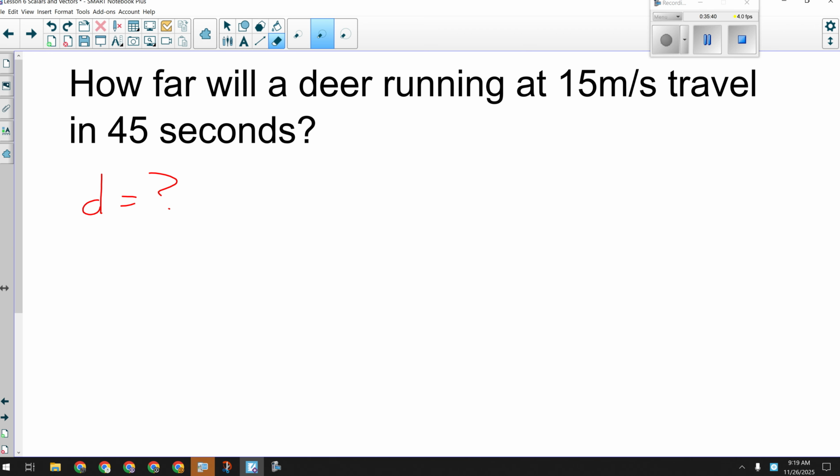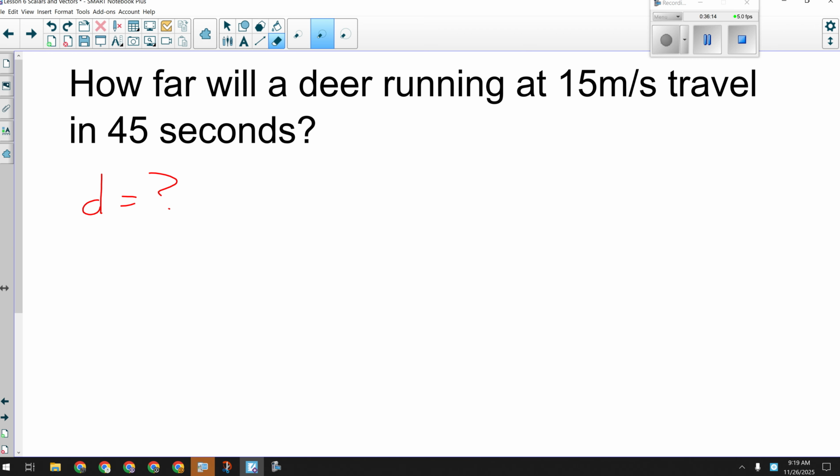Okay. Will a deer running at 15 meters per second, what did they just give me? What does meters per second measure? If it said meters per second south, the south would be the vector. This just says meters per second. Meters per second are a unit of speed.